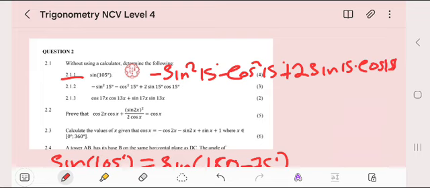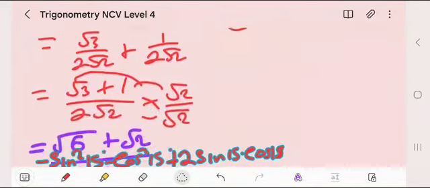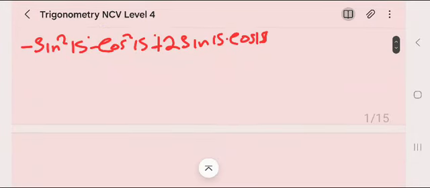So here we're dealing with 15, 15, 15, 15. All right, this is what we have there.